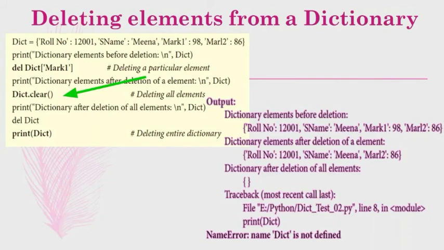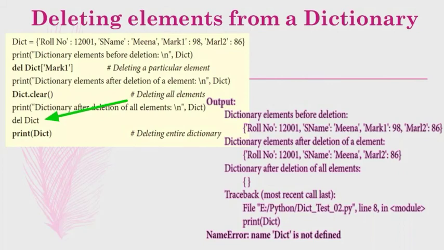All the elements will be deleted from the dictionary DICT. So again print that dictionary. See here, dictionary after deletion of elements: this is empty, no elements are given because all the elements are deleted.